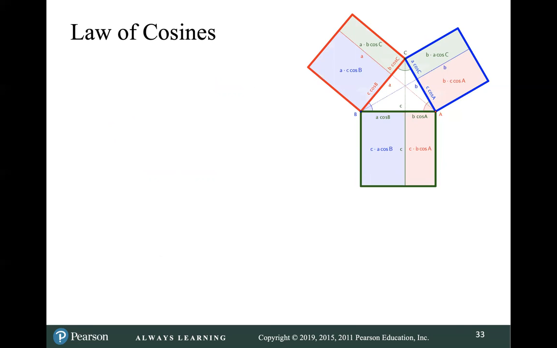Okay, so what I want you to notice here is a relationship. Notice the 2 areas that are next to each other but in opposite squares.